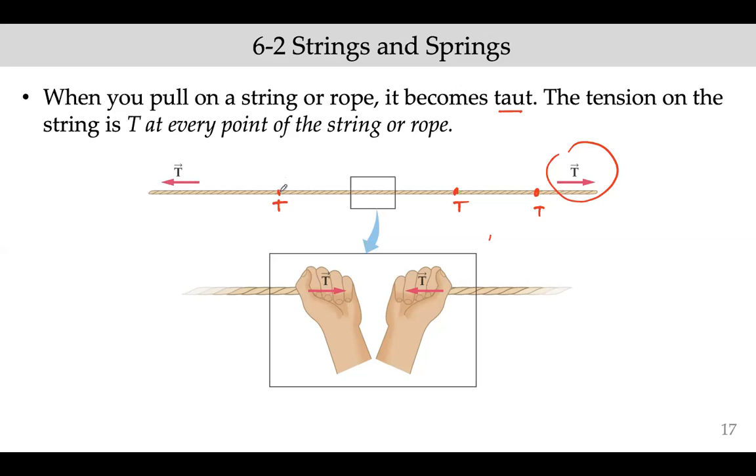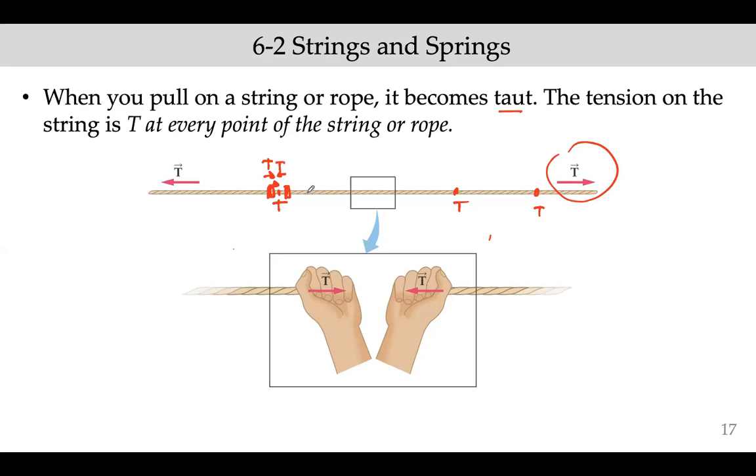So this tension here is pulling this part to the right, and this tension force. So if you are interested in this part of the object, you would show the force on it as T to the right. But if you are interested in this part of the object, it's pulled this way from this part.